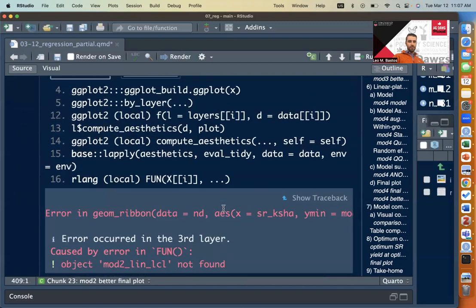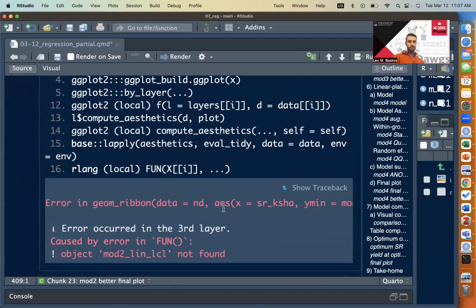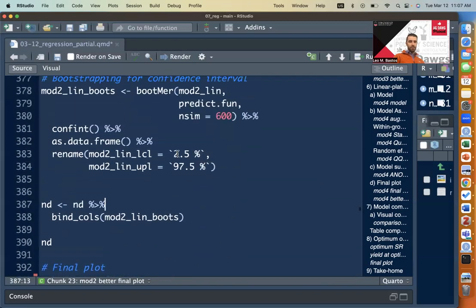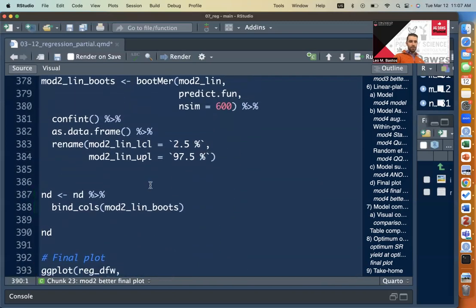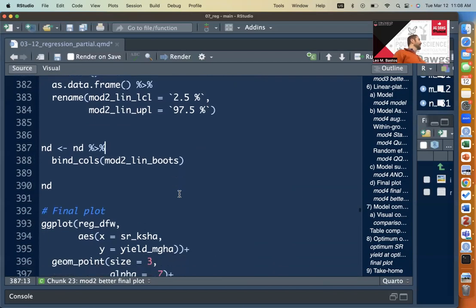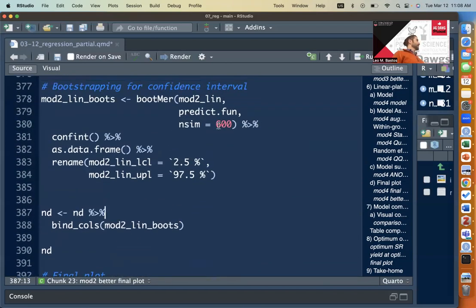Let's see what happened here. Oh, did I? Yeah, I was probably just overriding objects. So maybe we can check that another time. But yeah, maybe if you increase here the number of simulations, it will get closer to it, but perhaps not match exactly.